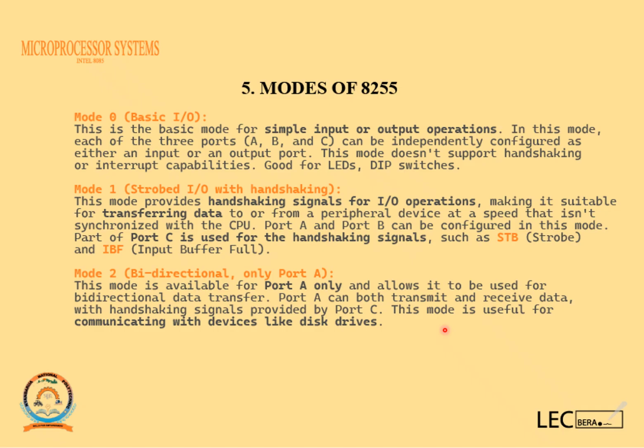You also need port B to do other things, and that's why in mode 2 you only use port A. But you can use this port A as either input or output, bidirectional. So at any given time, it's going to exchange data out of the microcomputer environment or into it.